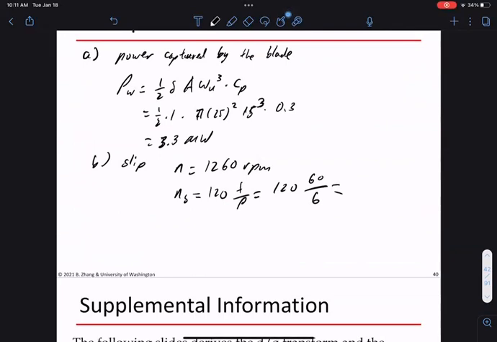So this is in RPM. The slip is (N_s minus N) over N_s. This is negative 0.05, right? Okay, any questions? Okay, so this is our slip.